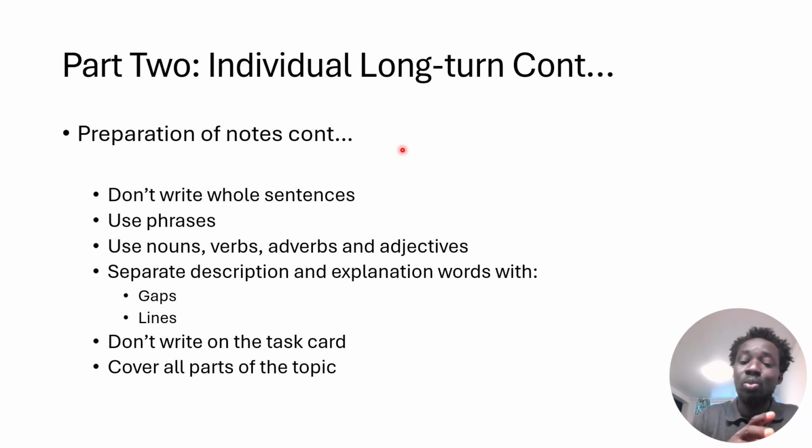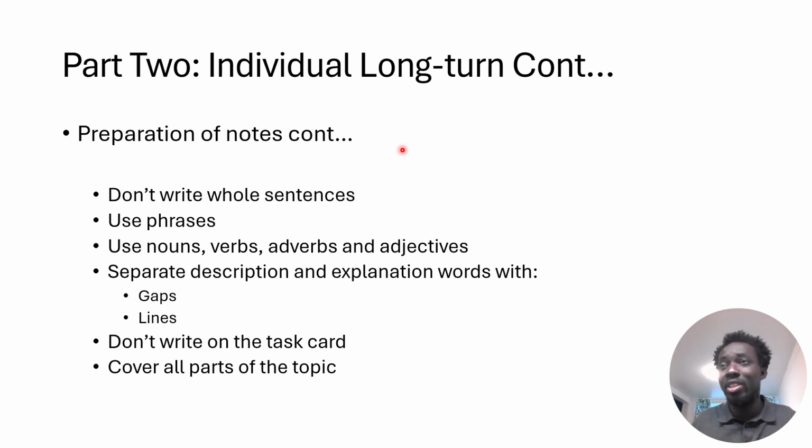Because you have just 1 minute to read and prepare. And if you are going to use full sentences to respond to the questions on the given piece of paper, then it means the 1 minute is going to catch up with you, and then you won't be able to write a lot, which will affect your delivery. Separate descriptions and explanation words with gaps and or lines. I will show you why.